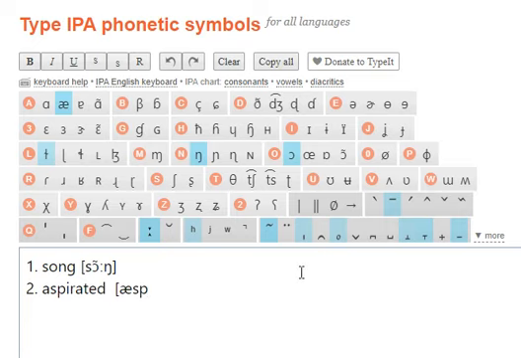What is the schwa sound in this keyboard? Here. Then we have the next sound. Then the vowel. What is it here? Sorry, I can click here.